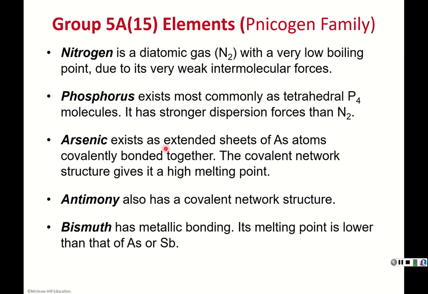Arsenic exists as extended sheets of arsenic atoms covalently bonded together, so it has covalent network bonding. Antimony also has that covalent network structure. And bismuth is really metallic bonding, and its melting point is lower than that of arsenic or antimony. So it is becoming more metallic down that group, and that transition from non-metal to metal happens there.